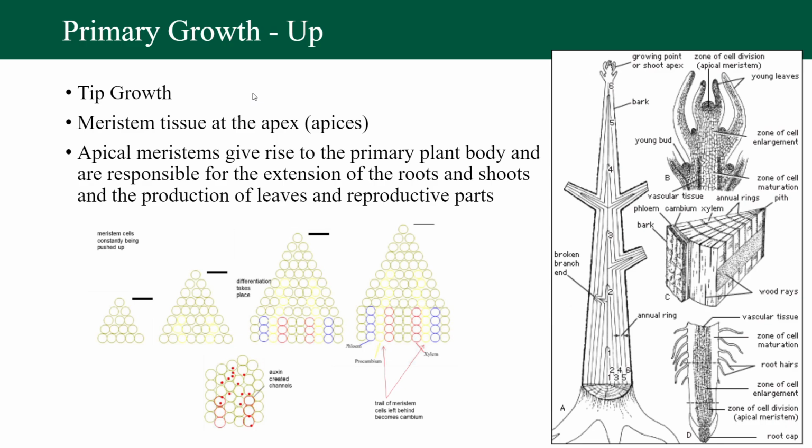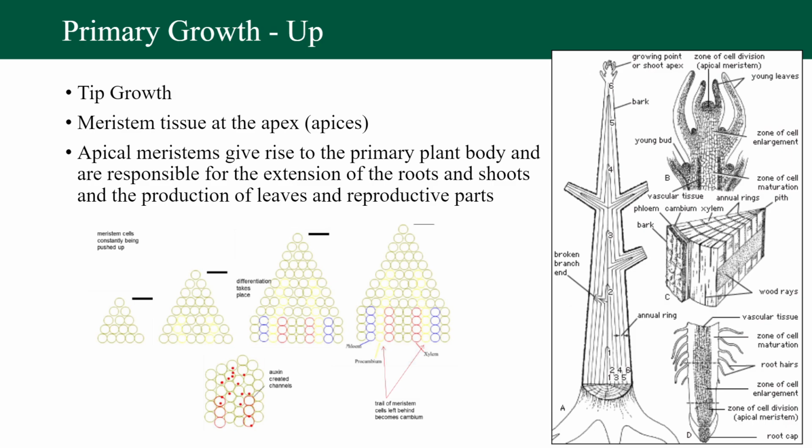We're trying to develop our understanding of that first question on this slide about how our primary growth and our secondary growth might occur. So, tip growth: meristem tissue at the apex. Apical meristems give rise to the primary plant body and are responsible for the extension of roots and shoots and the production of leaves and reproductive parts.